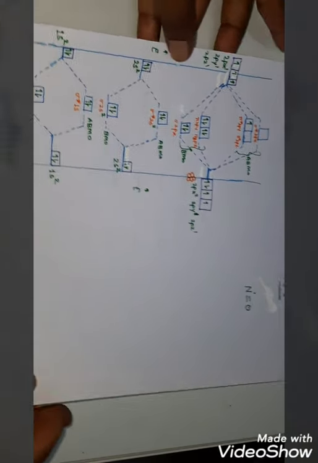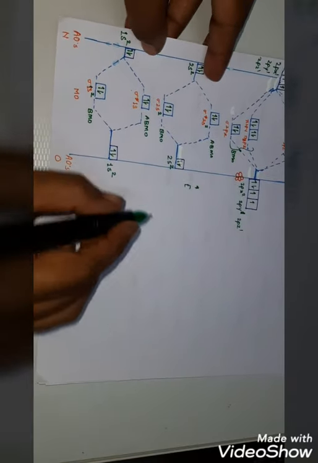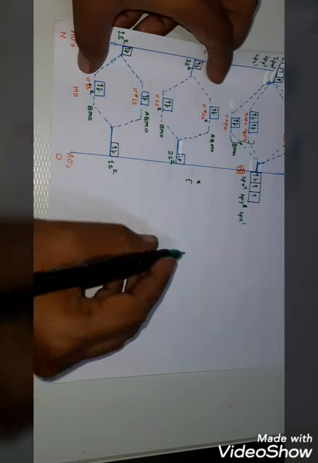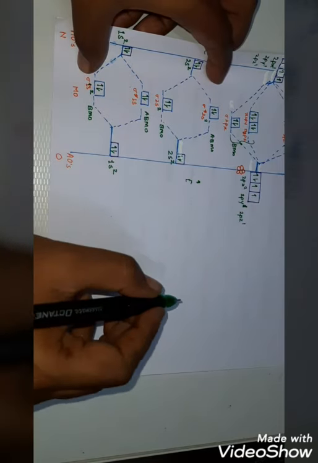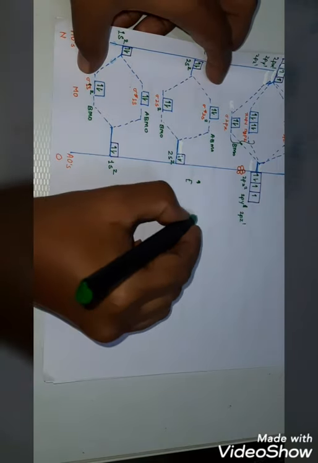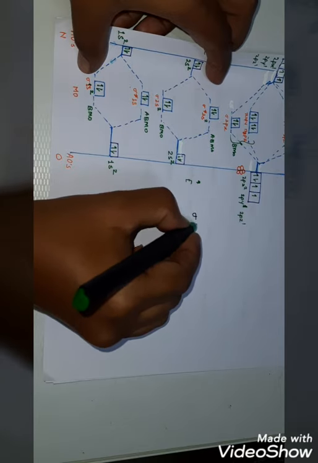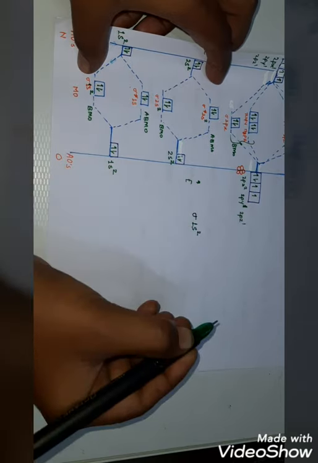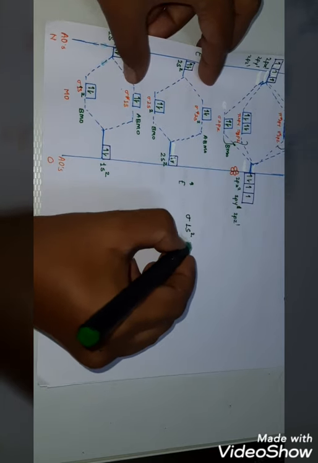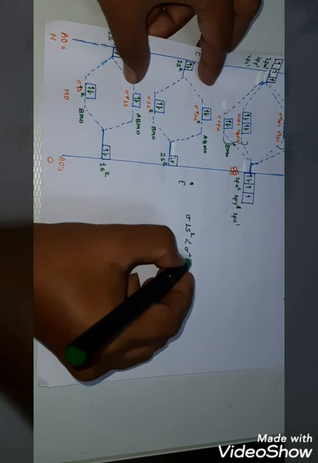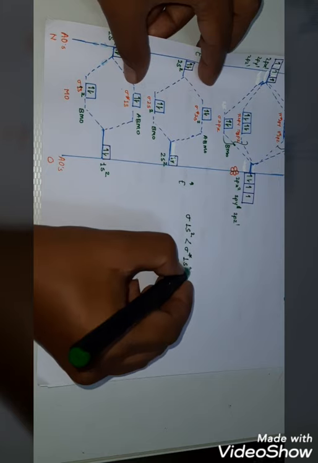Now let's write this molecular orbital configuration symbolically. First, the lowest energetic is sigma 1s2, then in higher energy sigma star 1s2.